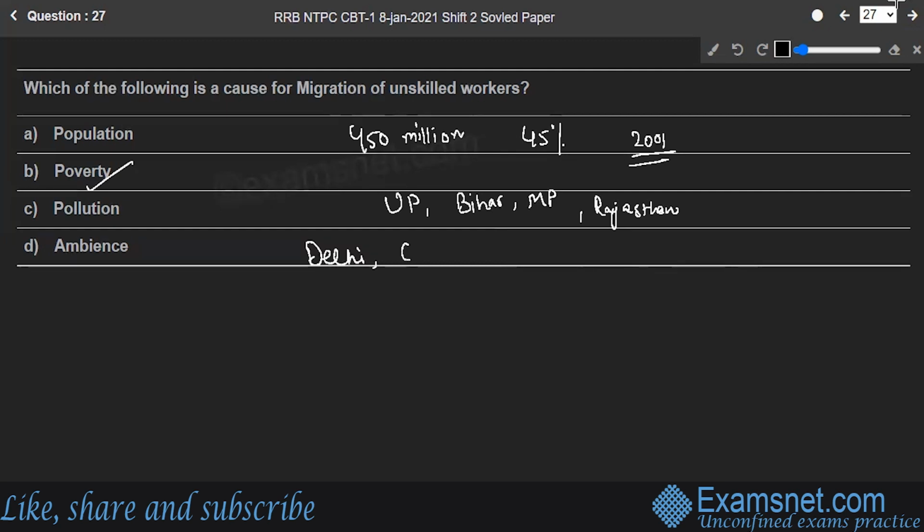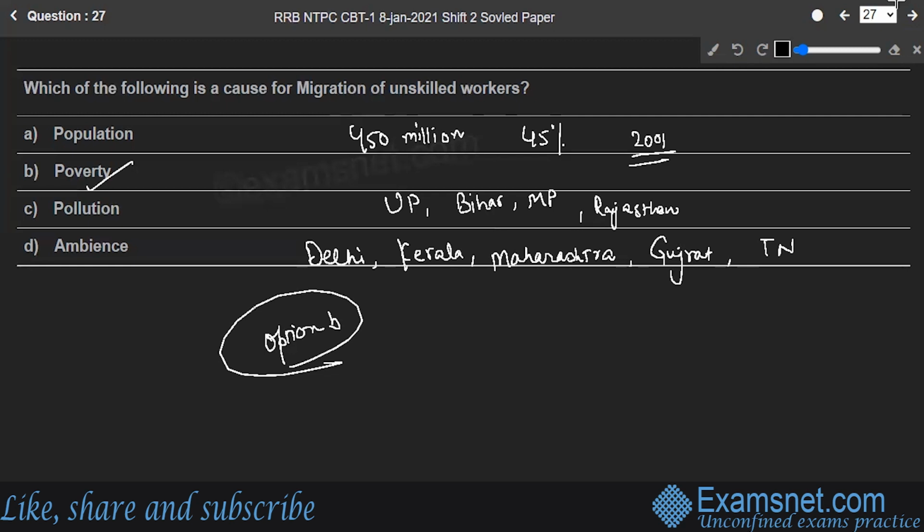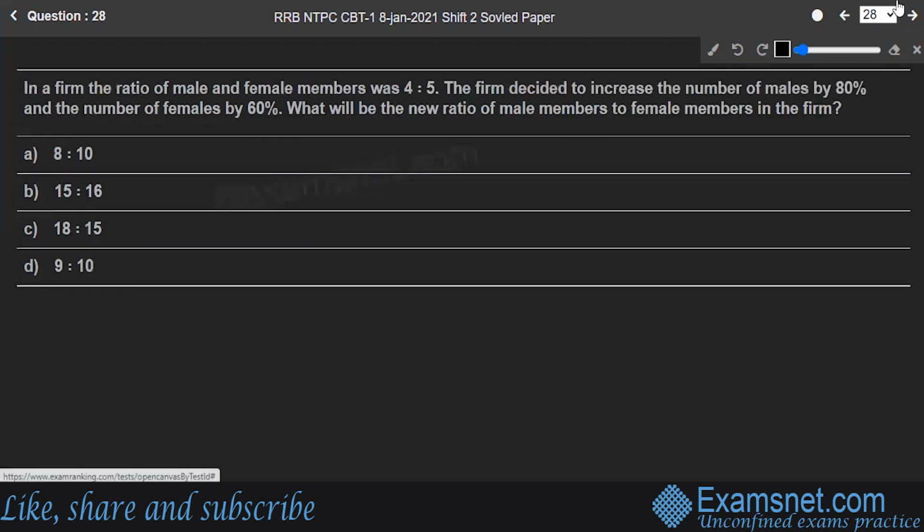Delhi, Kerala, Maharashtra, Gujarat, and Tamil Nadu are among the important destination states for these migrant workers. So we have option B as the correct answer to this question. Hope you got that. Next is question number 28.